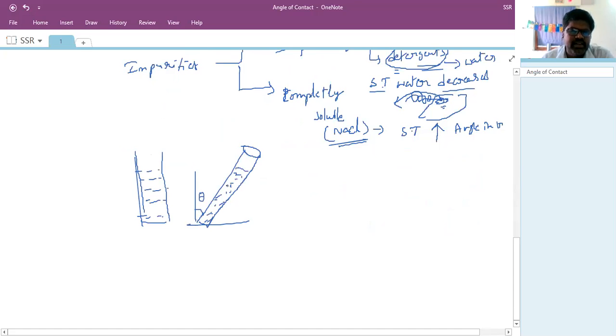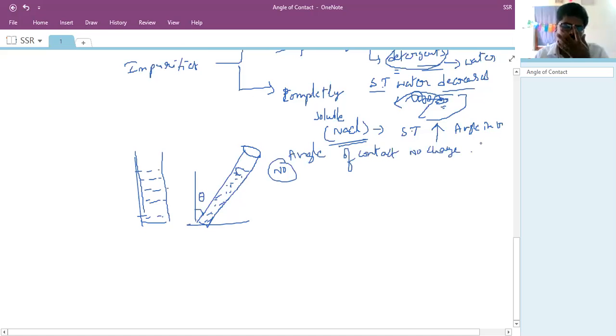Will the angle of contact change here? No. Whether the tube is vertical or inclined, the angle of contact does not change. Keep that in mind.